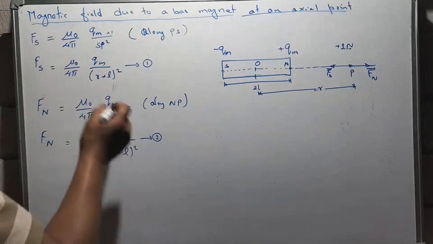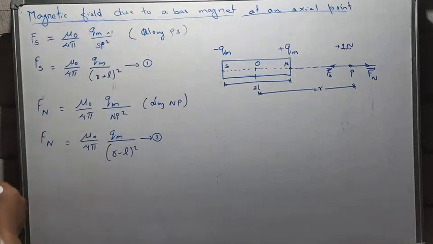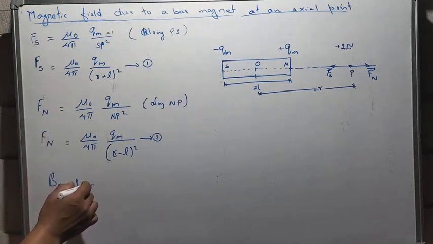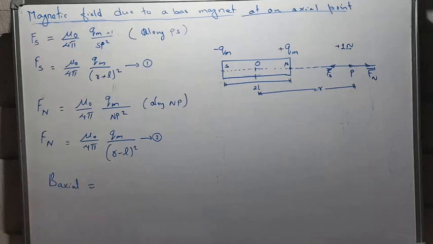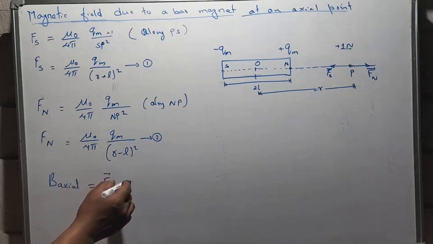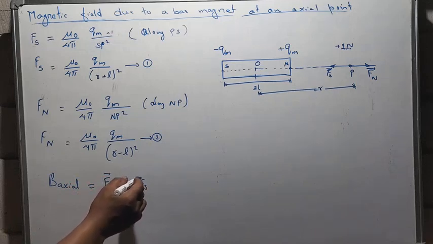Or in other words, because my aim here is to find the magnetic field, the magnetic field at the axial point P will be Fn plus minus Fs.